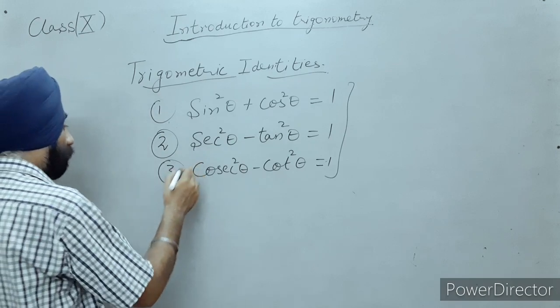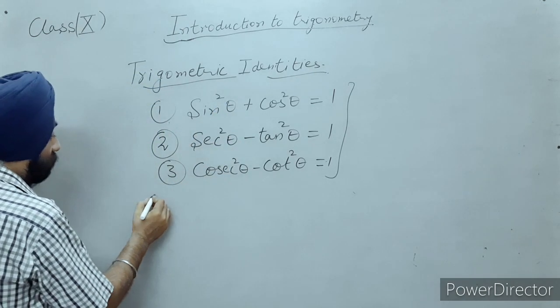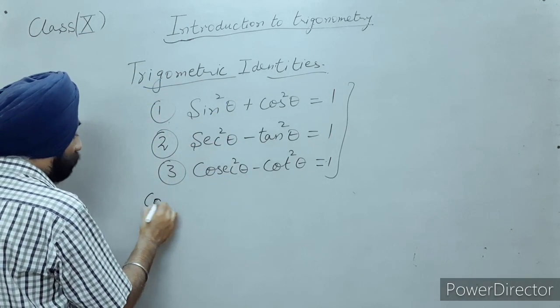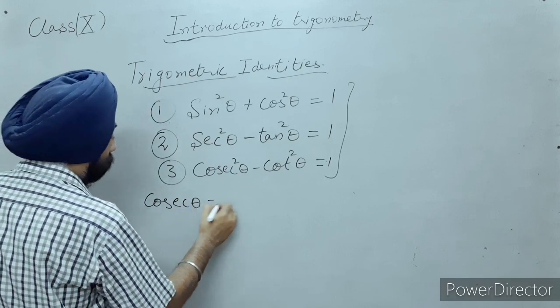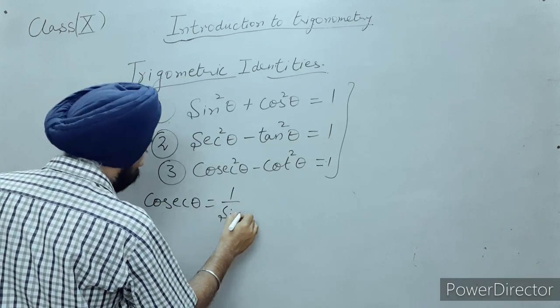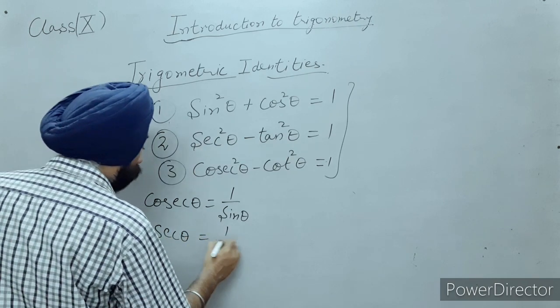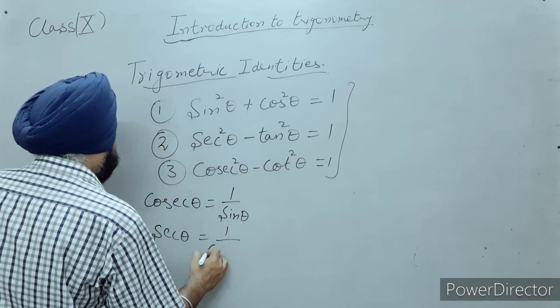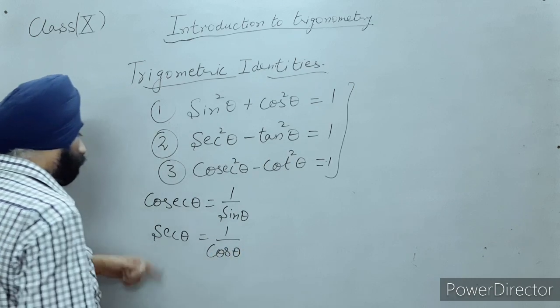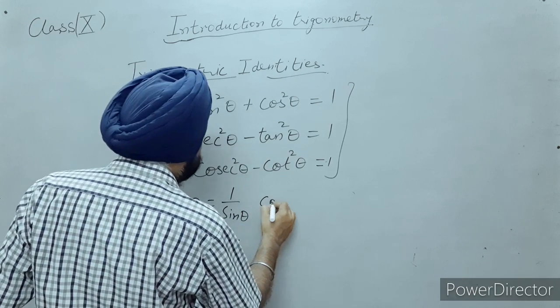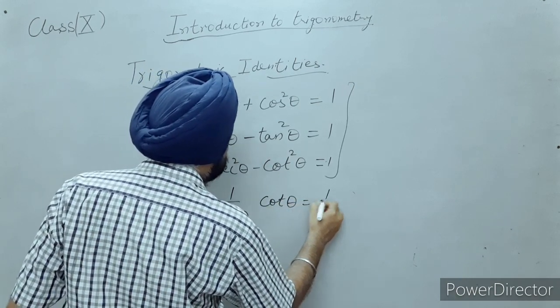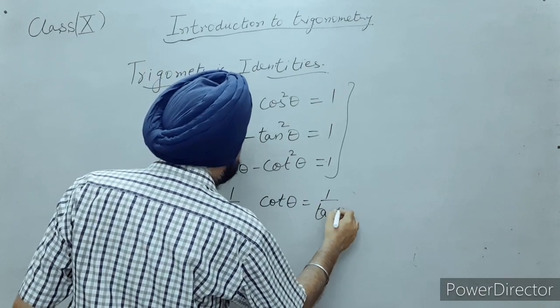Now, let me write once again. Cosecant theta is the reciprocal of sine theta. Remember these results. Secant of theta is equal to 1 upon cos theta, and cotangent of theta is the reciprocal of tan theta.